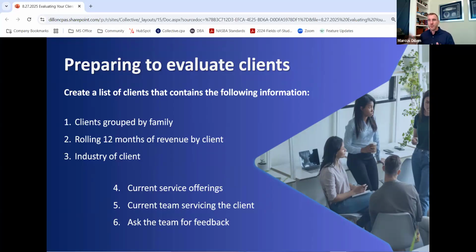Step 2 is rolling 12 months of revenue by client. We say rolling 12 because if you just look back calendar year over calendar year, that's really not an appropriate and timely consideration of the current client relationship. So if we're sitting almost at the end of August, with September next week, happy Labor Day, everybody, it would be a misstep to just go back to 2024 and look at that.